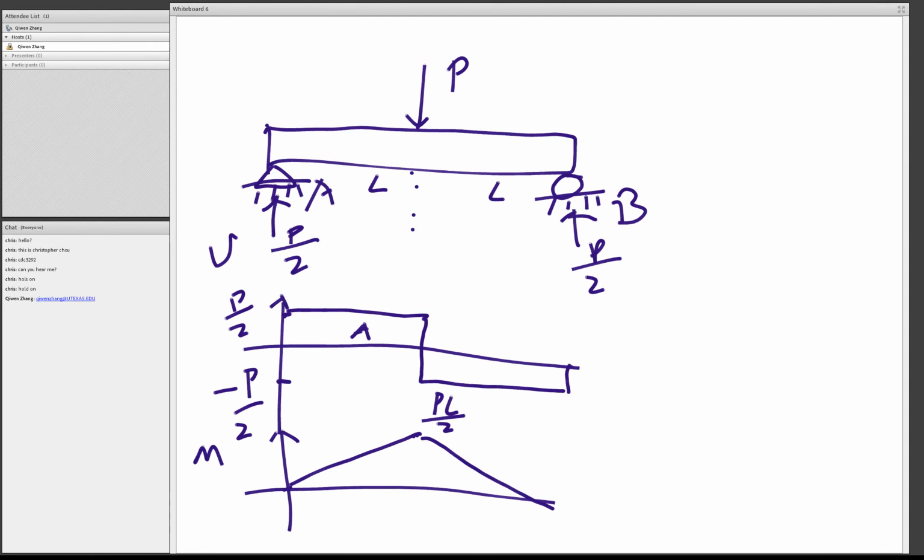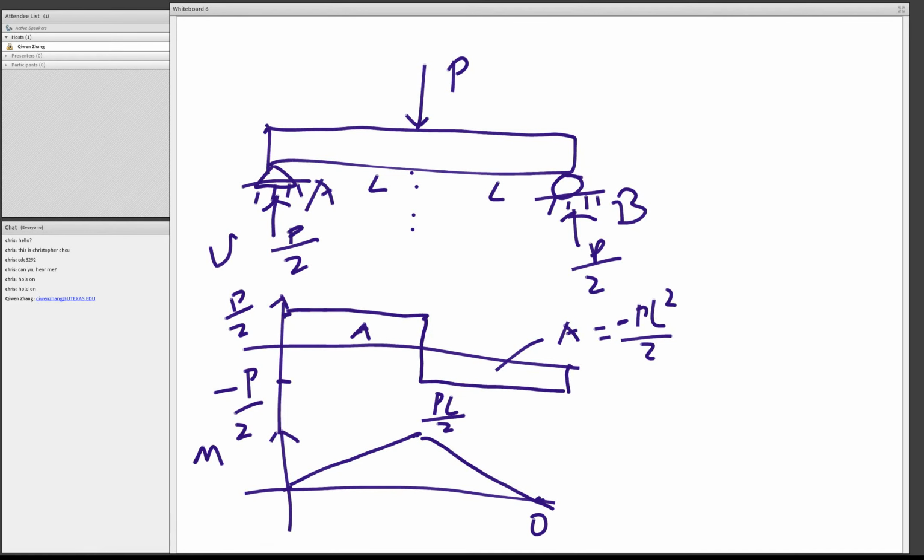It goes back to 0 because this area is also PL over 2, but it is negative. So PL over 2 minus PL over 2 comes back to 0. So this is a simple case.